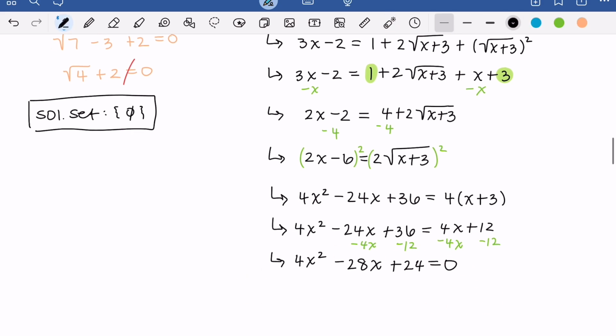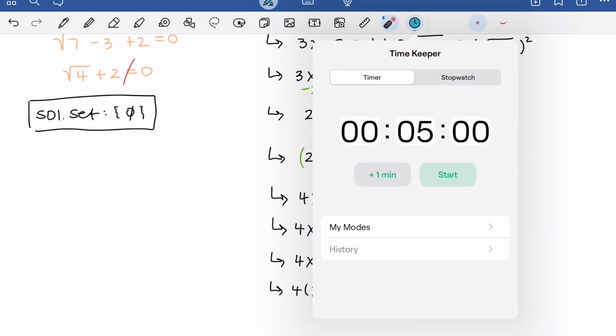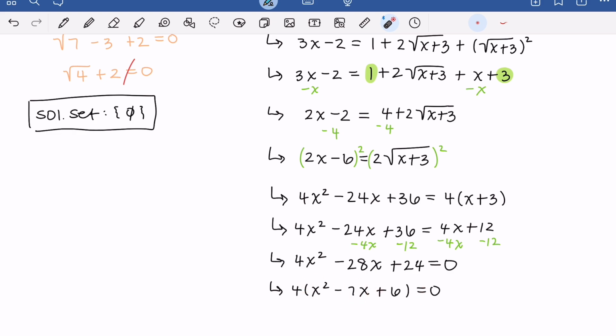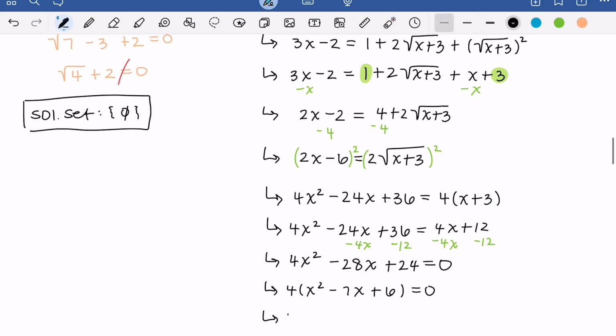Notice that all three of these terms share a factor of 4, so let's pull that out. Doing that, we're left with a now factorable polynomial. So this is going to be the same thing as 4 times x minus 6 times x minus 1.